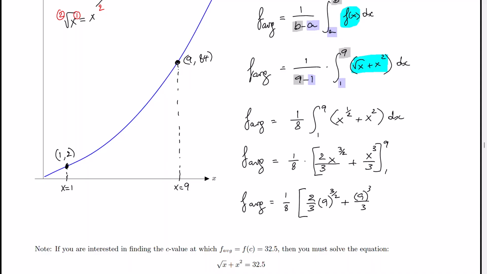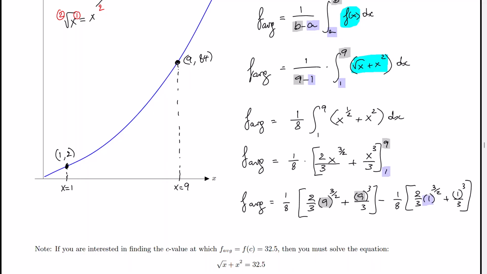So this is what I get from plugging in the upper bound value, so 9. And I need to subtract next the 1/8 and plug in the 1, so 2/3, 1 to the power of 3/2, plus 1 cubed over 3.